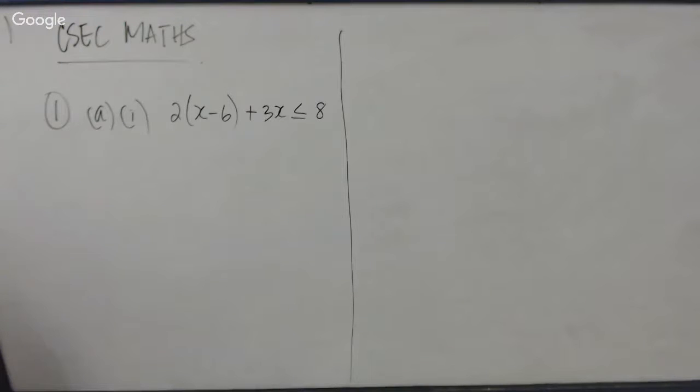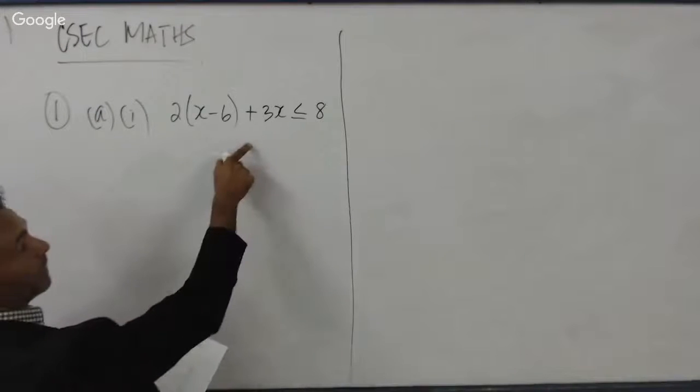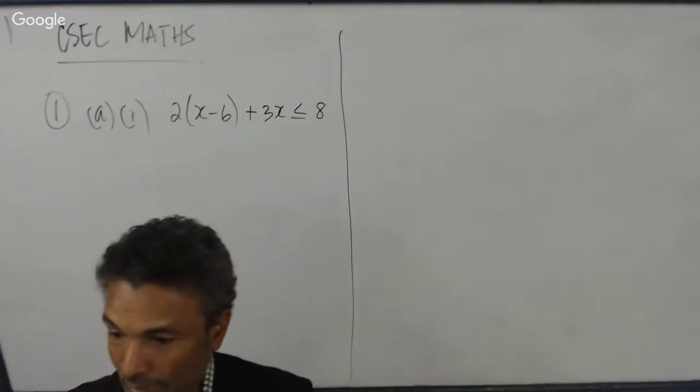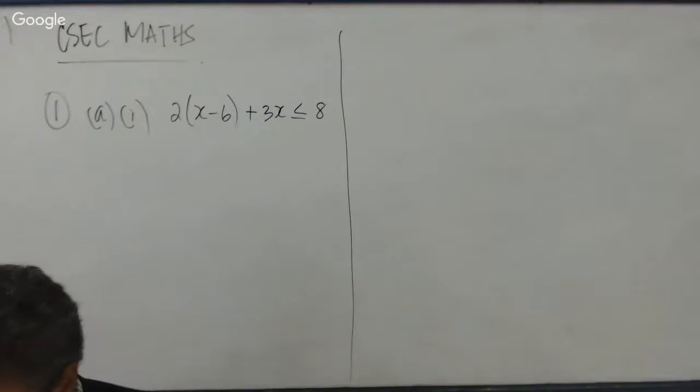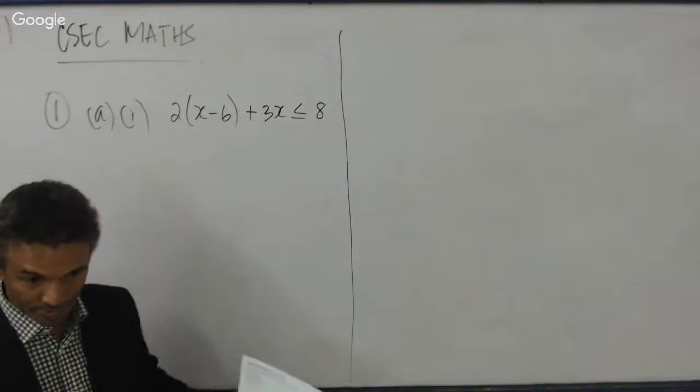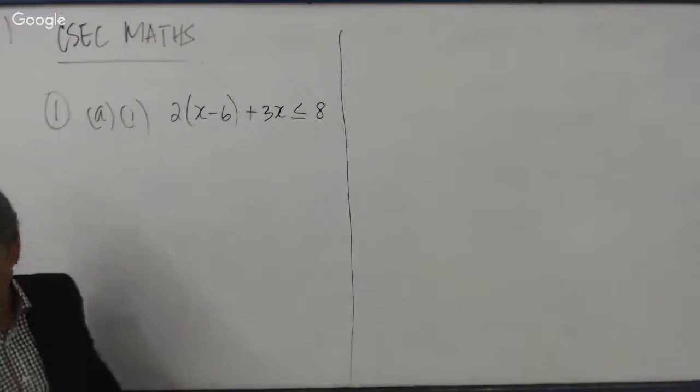We won't be able to go through it in a lot of detail because the task is to complete the question. I'm doing it as if we're in the exam, so you're not going to write a lot of words or explanations.